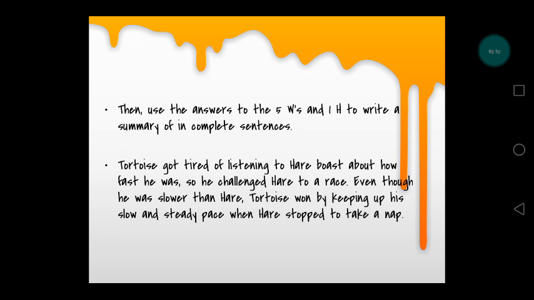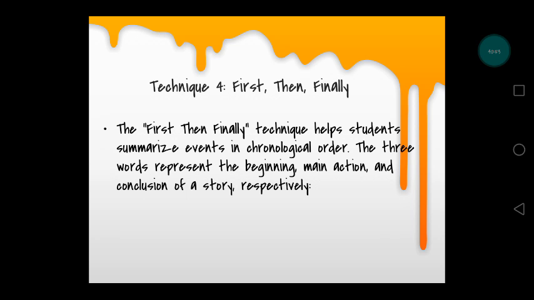So, he challenged hare to a race even though he was slower than hare. Tortoise won by keeping up his slow and steady pace while the hare stopped to take a nap. So that's it. The 5 W's 1H technique.